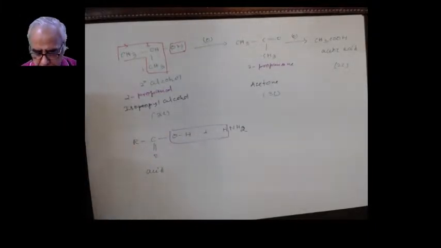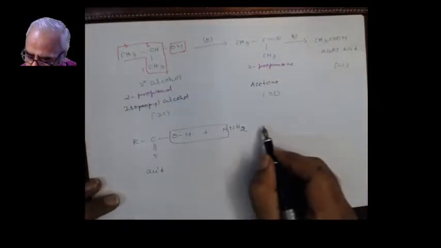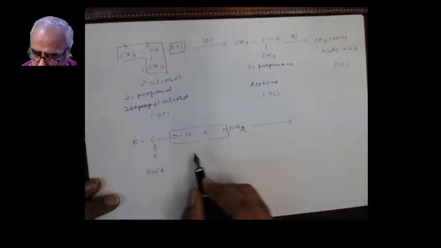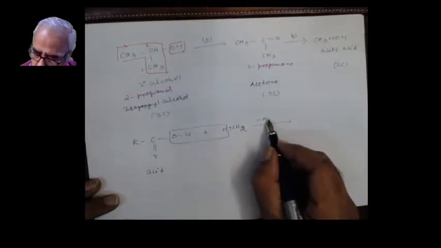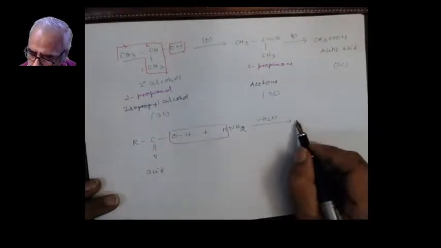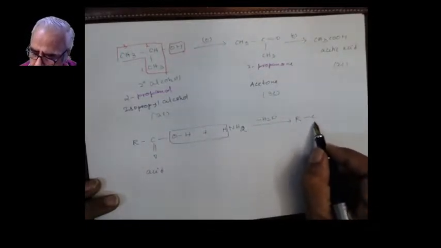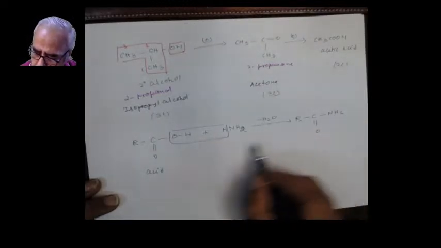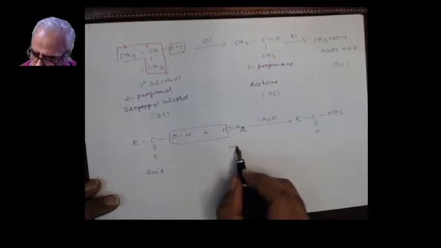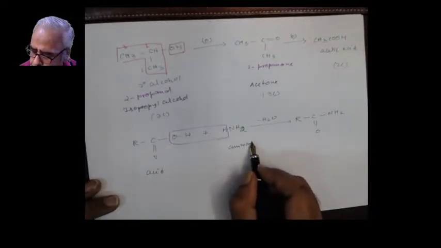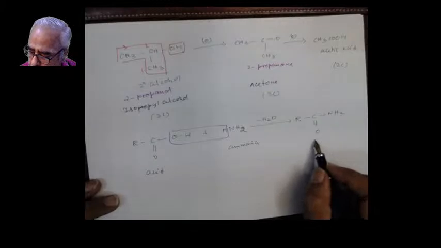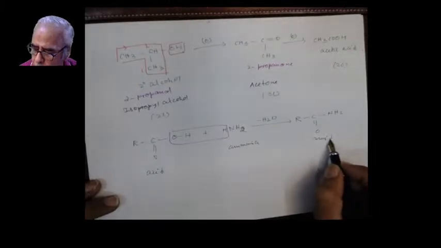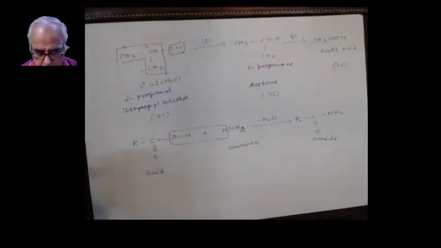Condensation means any reaction associated with the removal of neutral molecules like water. So here H2O is removed. So you are able to get RC double bond O NH2. So this is ammonia, whereas this is amide. I hope now you should be able to understand how the amides are formed.